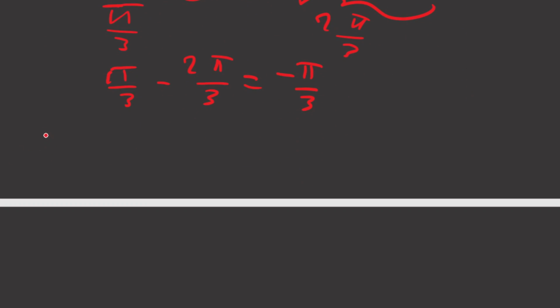So by factorizing pi over 3, we get 1 minus 2. And then 1 minus 2 is minus 1. So it is pi over 3 times minus 1, and it is equal to minus pi over 3. So this is if you didn't understand how, maybe if you got confused.